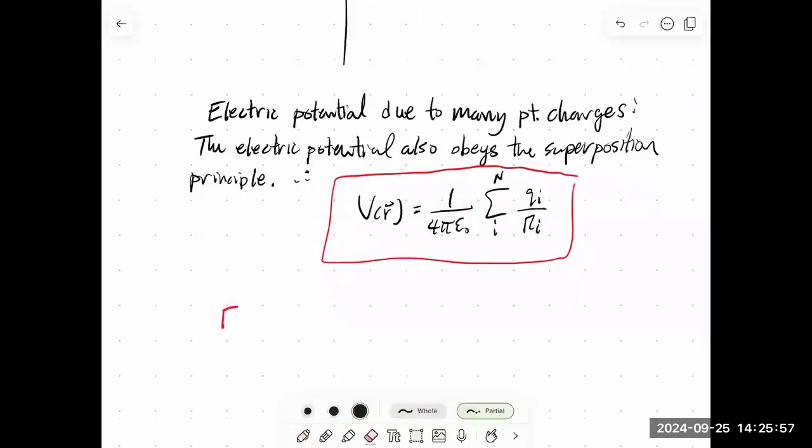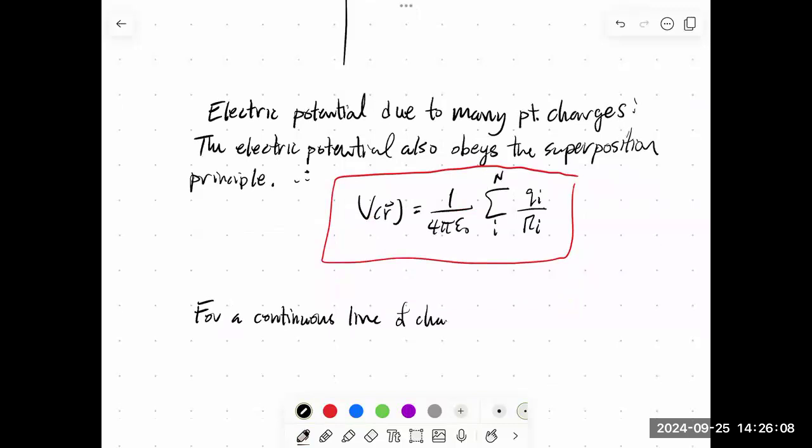So for a continuous line of charge, we would say the charge of an element of that line would be the linear charge density lambda times a small length of that line. For a continuous surface of charge, dq would be the surface charge density times some little captured area.